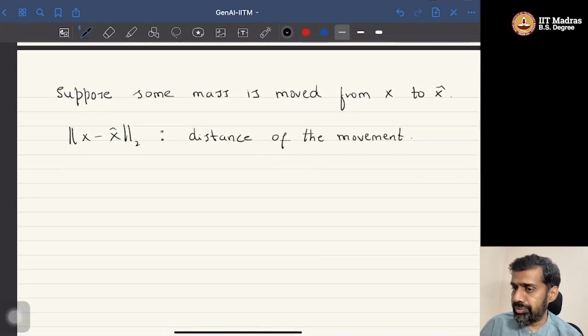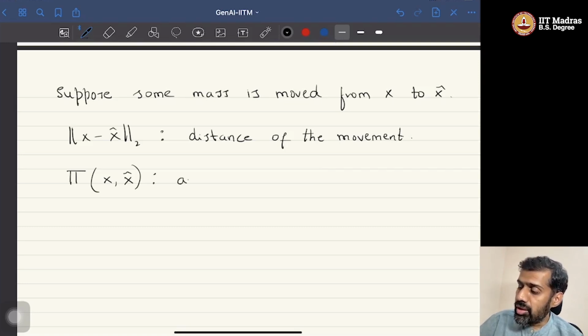Then you have the joint distribution, let's call it pi, computed at x comma x cap. What would this give you? This will tell us the amount of mass that was moved. Why is this?